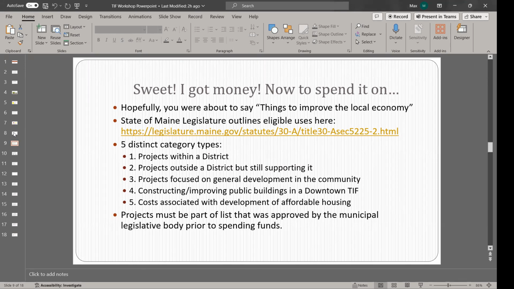There are projects that are used for general development within your community. There's construction and improving public buildings that are located in a downtown TIF. As I mentioned earlier, we're focusing on the economic TIF, so we're not really focusing on the 4th item tonight. And then the 5th item is a rather new one, but costs associated with the development of affordable housing or services to address homelessness.